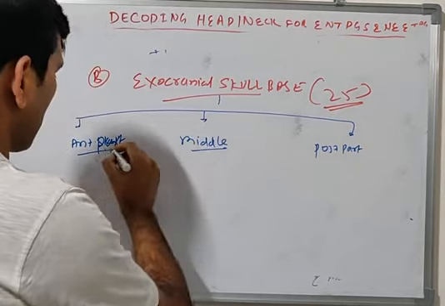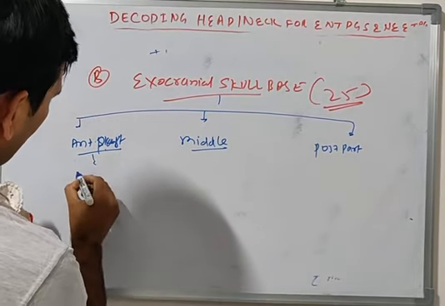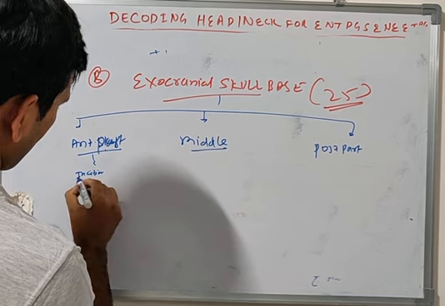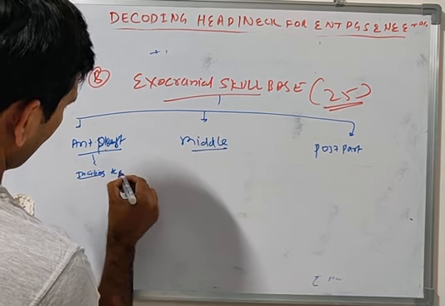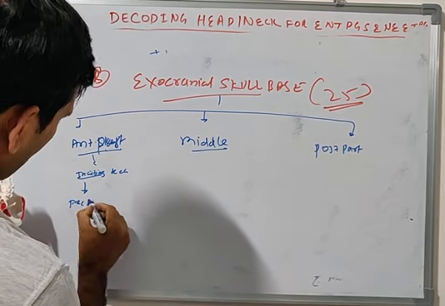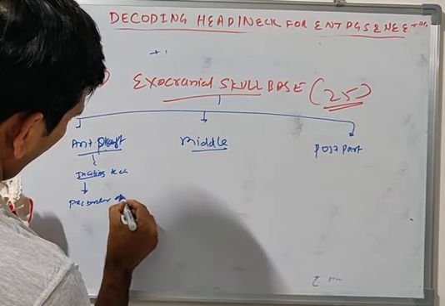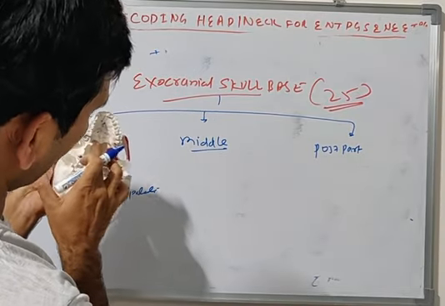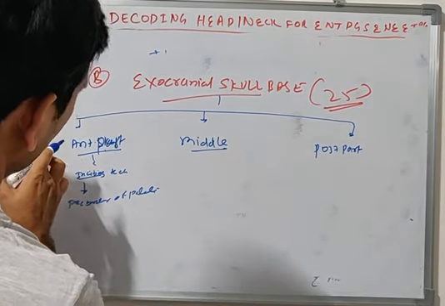The anterior part extends from the incisor teeth to the free border of the hard palate. If you see, this is the hard palate, so the free border of the hard palate.